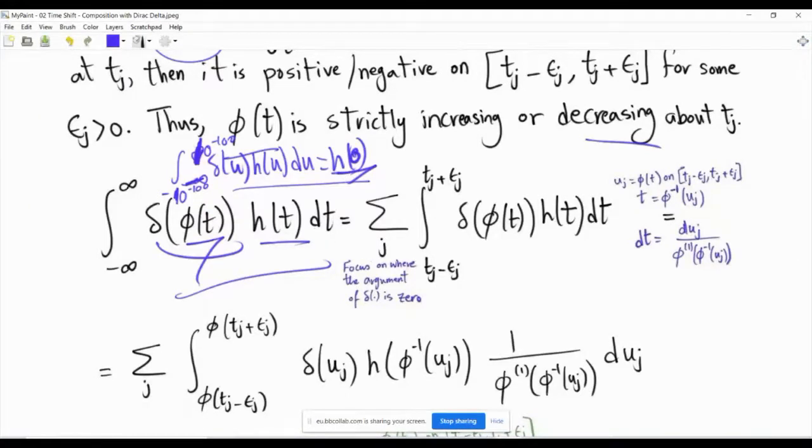So inspired by this, our integral from minus infinity to infinity, we will simply divide into integrals about tj for every j, and remember that phi of tj is equal to 0. Those are the solutions to the equation phi of t equal to 0.